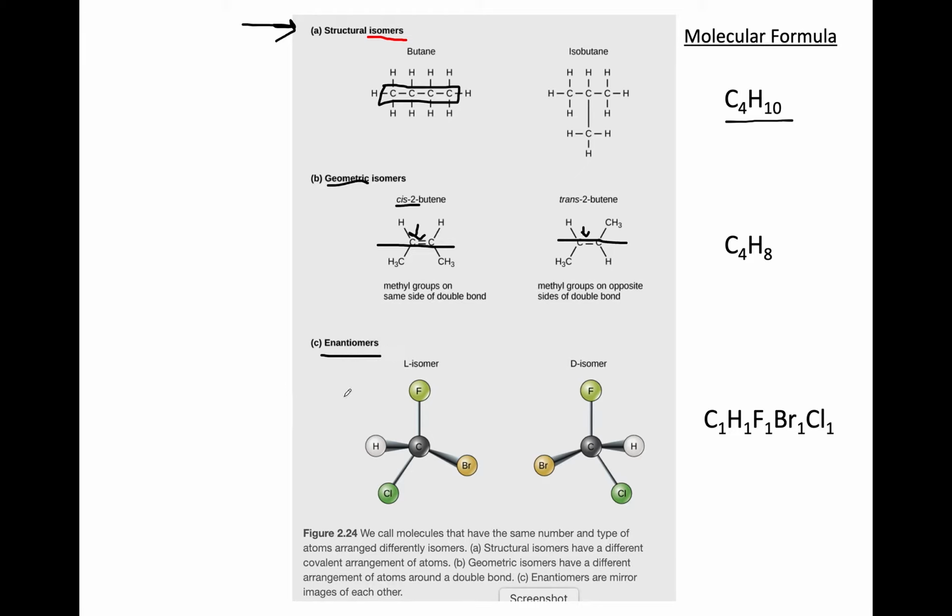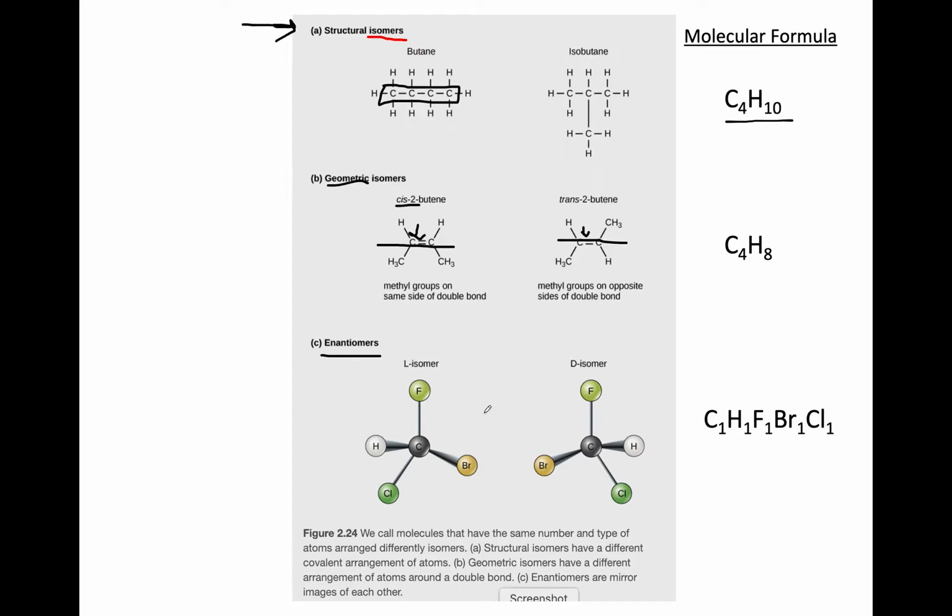Now, this is a very important concept because a lot of what happens in biology is like molecules fitting together like a lock and key. And if molecules don't have the proper orientation in three-dimensional space, things don't happen.